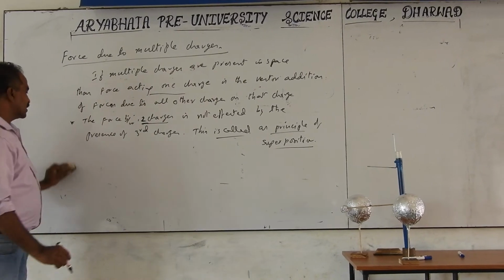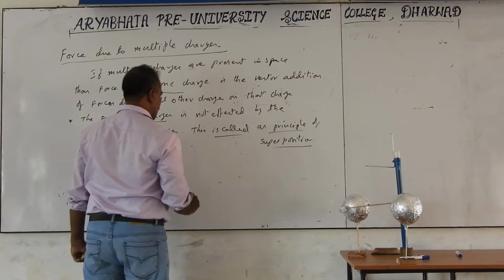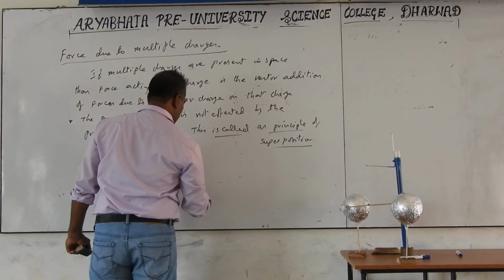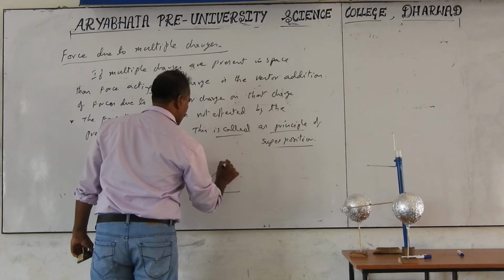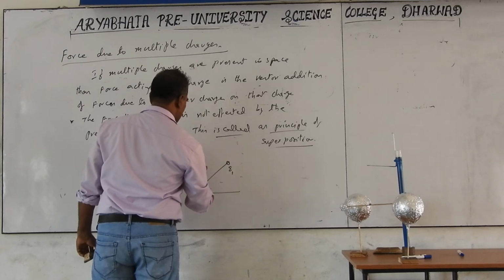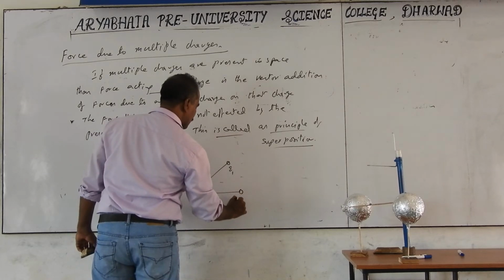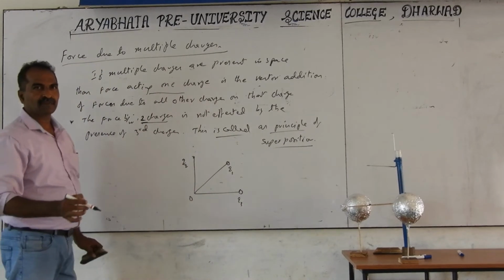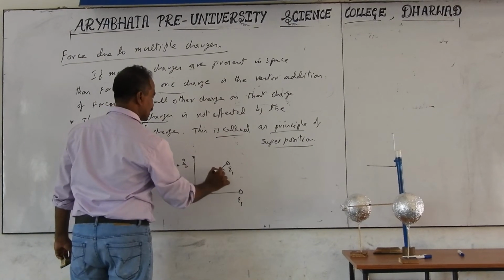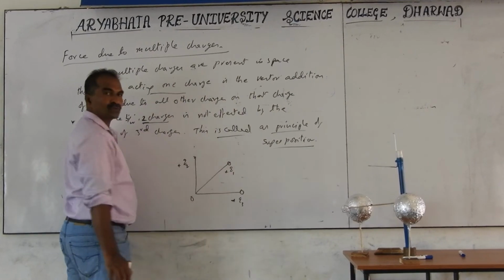So if I take several charges, Q1, Q2, Q3, for example only three charges. This is the origin, here it is Q1, this is Q2, and this is Q3. For simplicity, all are positive charges. Then Q1, Q2 repulsion.